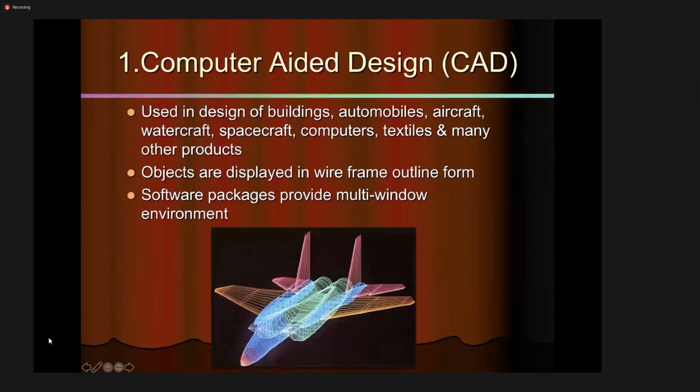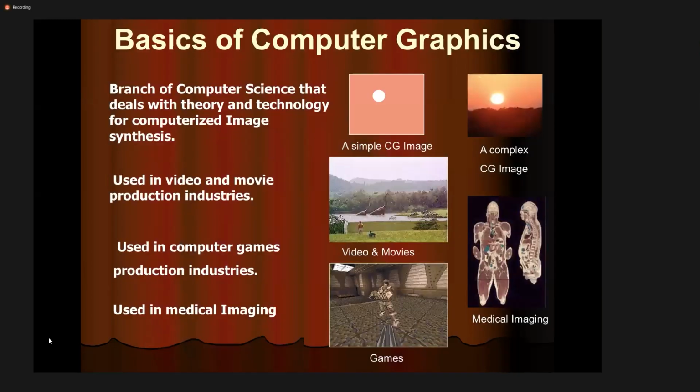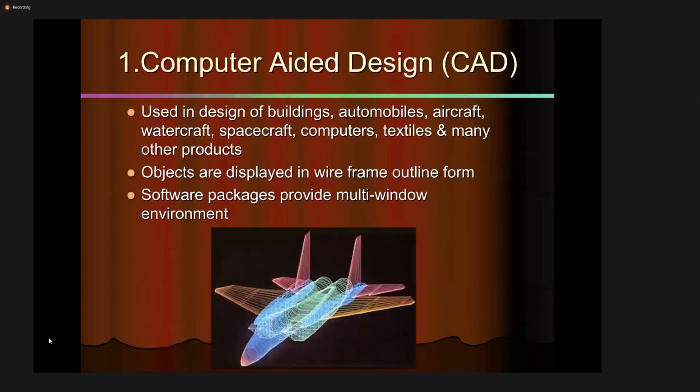Now, let me come to some of the applications we have discussed here. Computer design. Now, this one is a computer design. The wire mesh is there, 3D graphic. We can create the structure and the surfaces of this type of object. And we can represent the structure of a particular object and see how it fits.